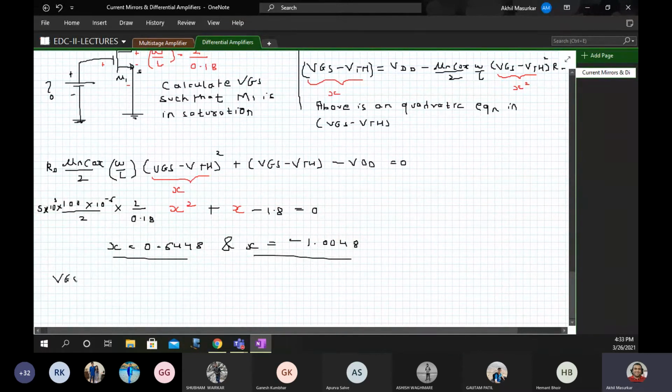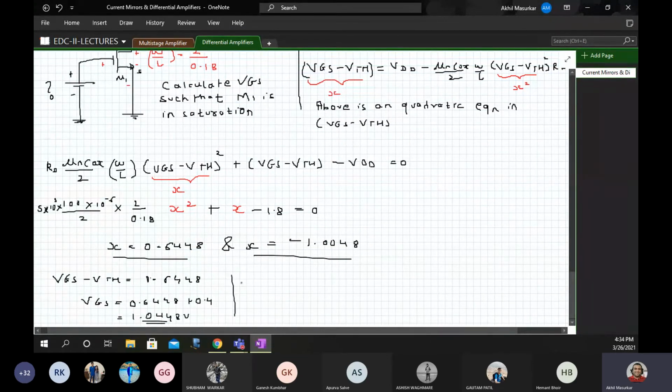So here VGS minus VTH is 0.6448. Therefore VGS will be 0.6448 plus 0.4, so that is going to be 1.0448.